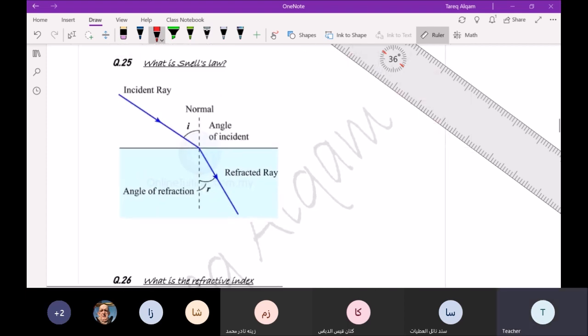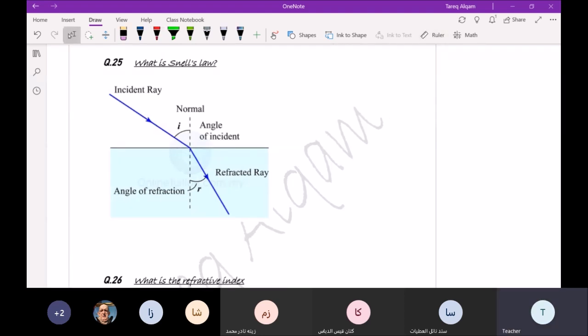Now let's talk about calculation. The previous part was graphical, it was about the graphical representation of the refraction.